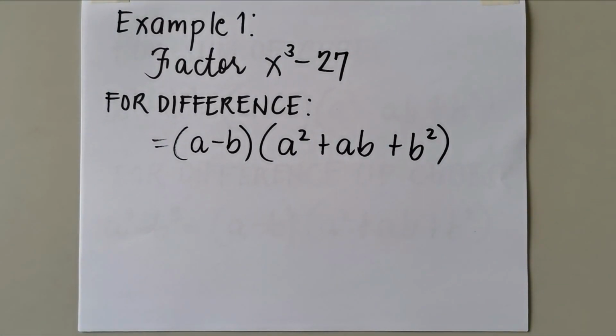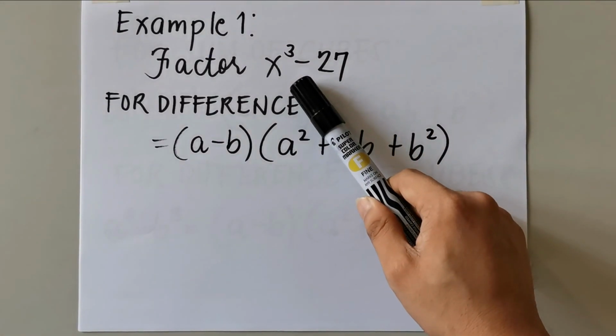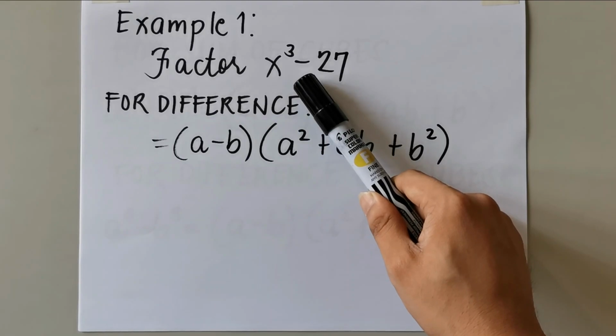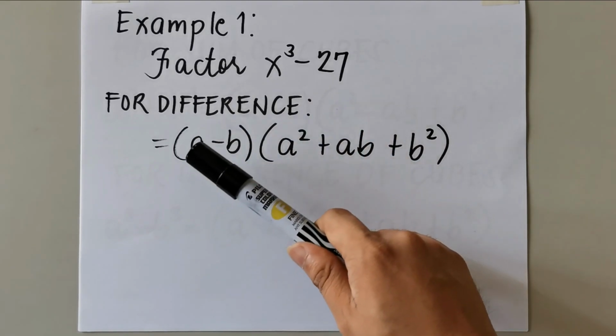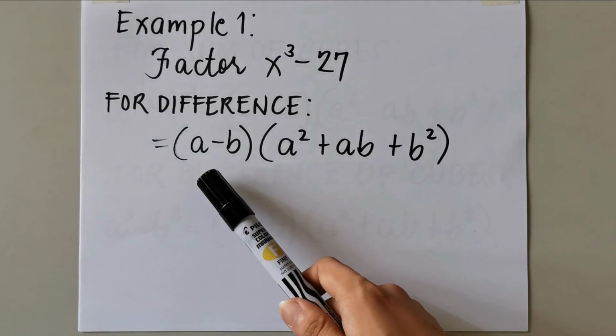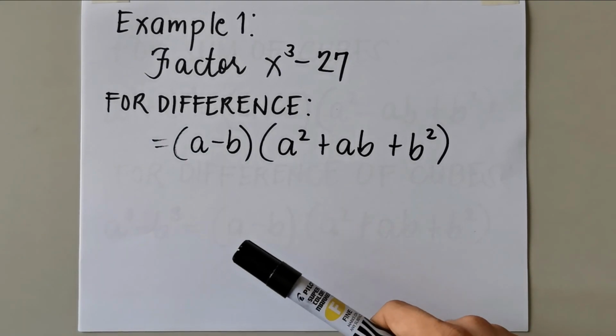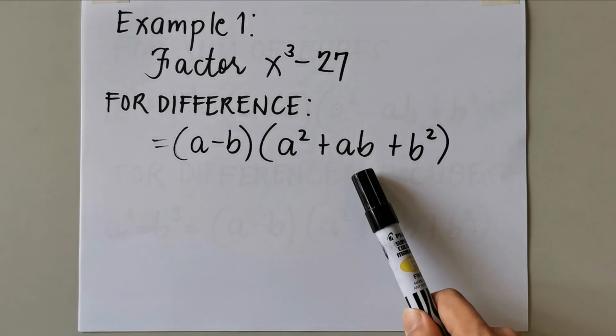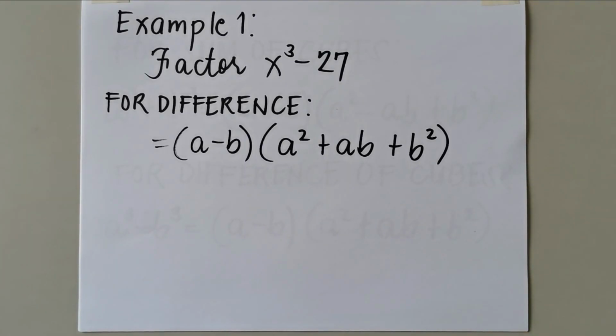Example 1. Factor x cubed minus 27. As you can see, the given is a difference. So therefore, the pattern that we are going to make use of is for difference: the quantity a minus b times quantity a squared plus ab plus b squared.